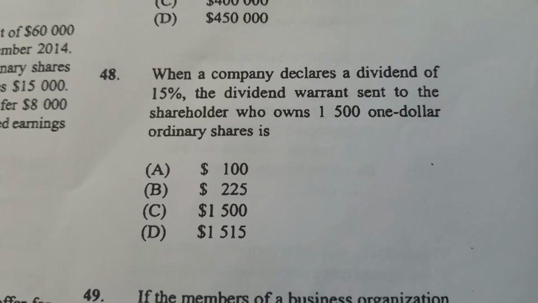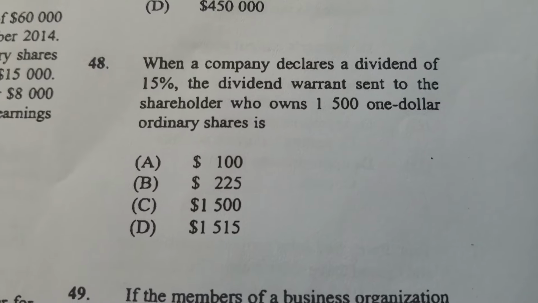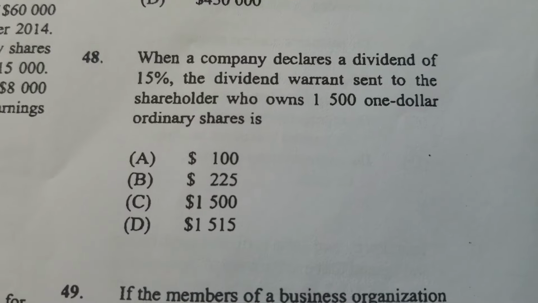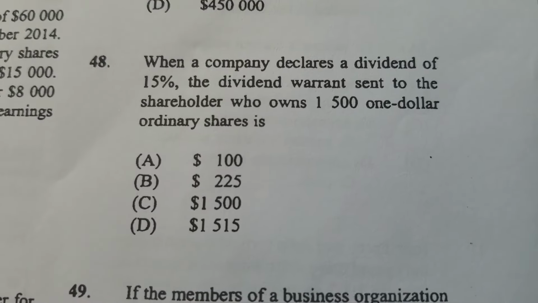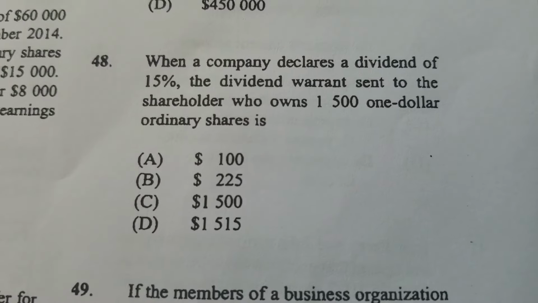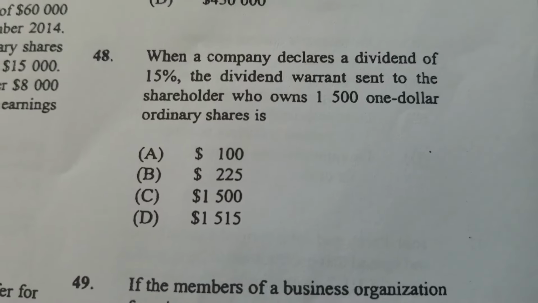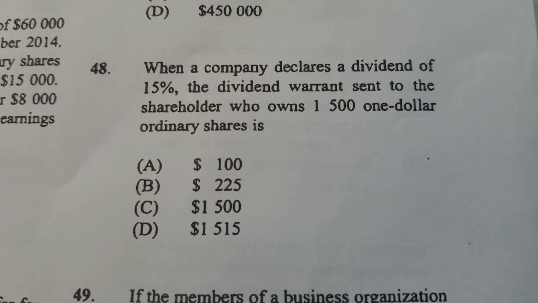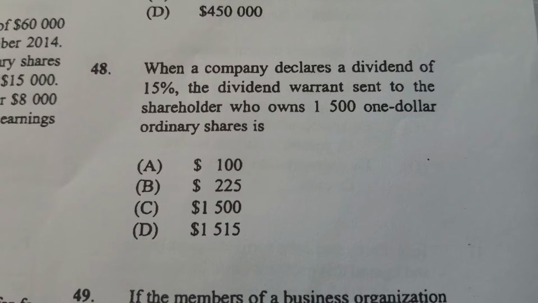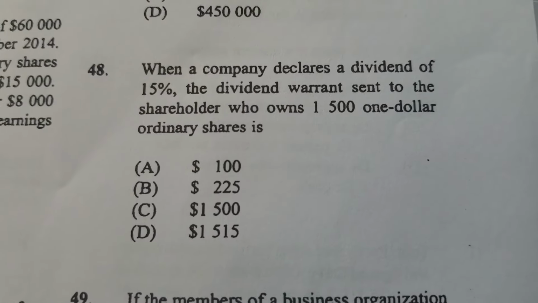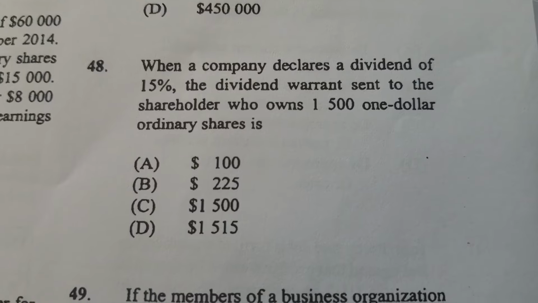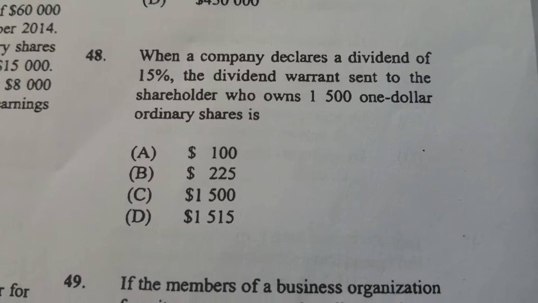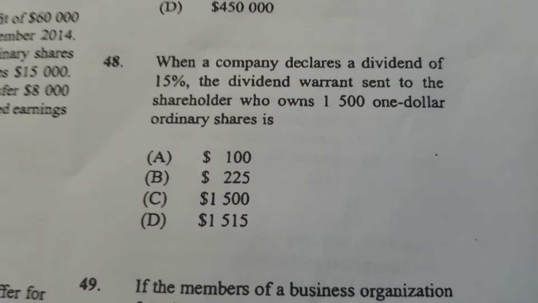Question 48 says, when a company declares a dividend of 15%, the dividend warrant sent to the shareholder who owns $1,500 $1 ordinary shares is. So let's go again. The company declares a dividend of 15%. The dividend warrant sent to the shareholder who owns 1,500 $1 shares.